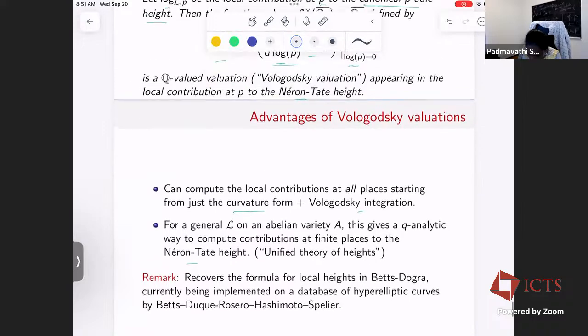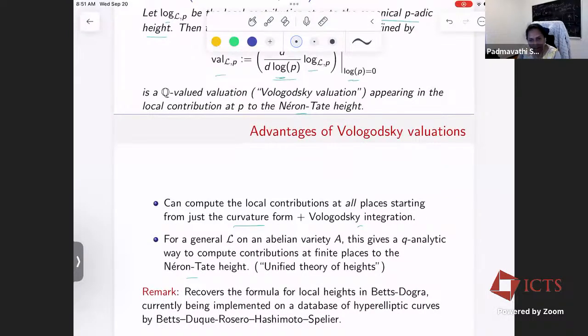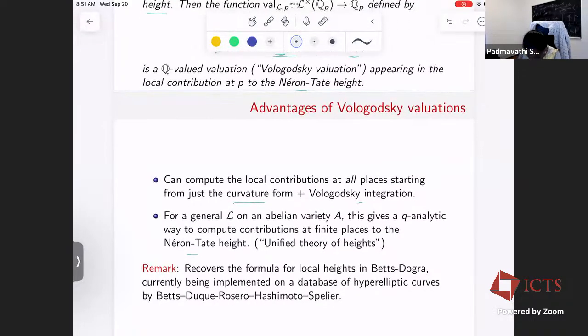So this must say that one of the stumbling blocks in explicitly doing quadratic Chabauty computations for a large class of curves is getting your hands on the values of these local heights away from P. I think the initial applications looked at curves with potential good reduction at all places. So the local contributions were automatically 0. But in general, it's a difficult task getting your hands on these finitely many values of the local heights away from P. But there is the work of Alex Betts and Netan Dogra for formulas for computing these local heights.